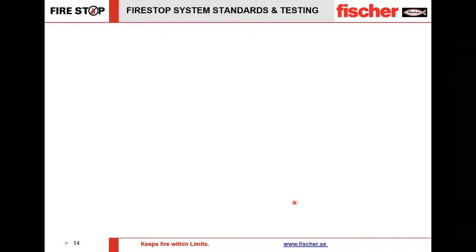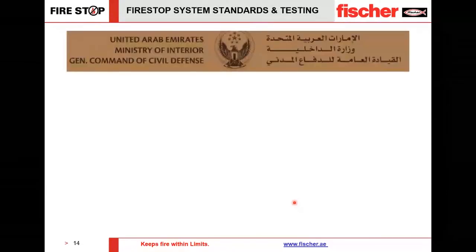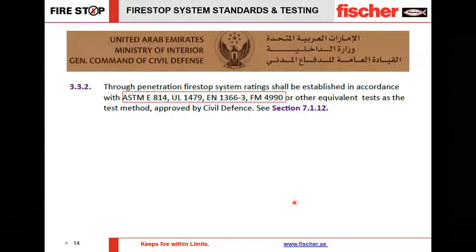The Fire Life Safety Code specifies the testing codes acceptable within its jurisdiction. For example, in UAE, the code in question is issued by the General Command of Civil Defense centrally, and it calls for ASTM E814, UL1479, EN1366 as the acceptable test standards, among others, for penetration fire stopping.